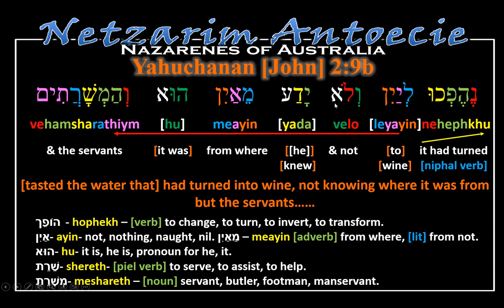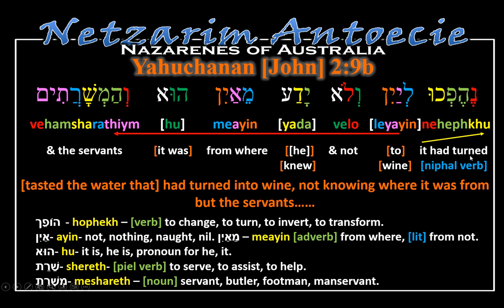And then we have vav, lamed, aleph, yod, dalet, ayin, which is silent, mem, aleph, yod, nun sofit, nun at the end of a word, hey, vav, aleph, that's silent, vav, hey, mem, shin, resh, tav, yod, mem sofit. So now we read it. Ne, hef, ku. Ne, hef, ku.